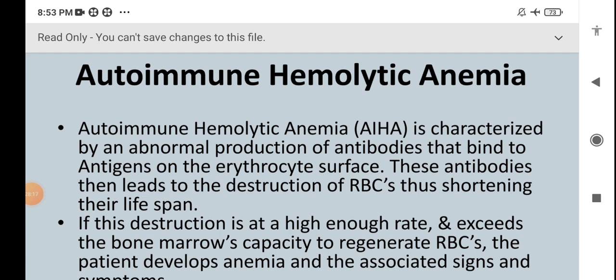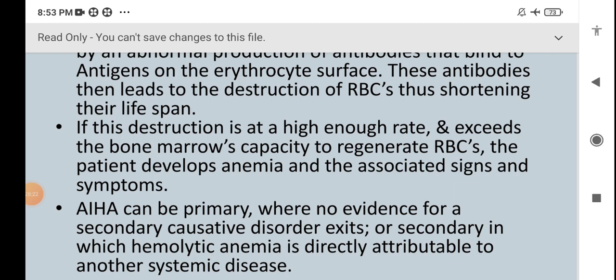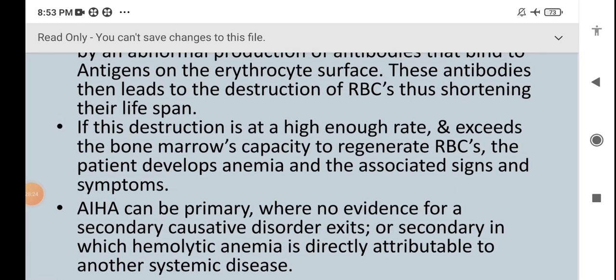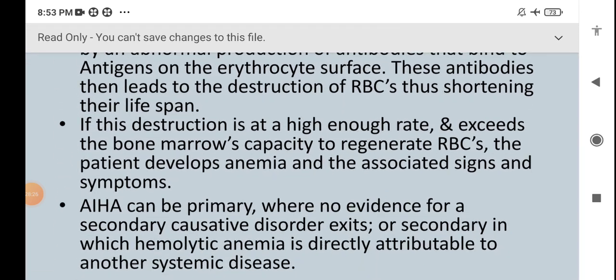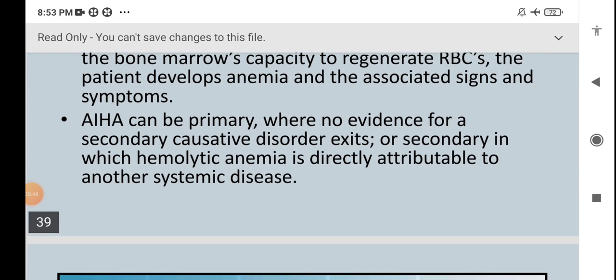The patient develops anemia and the associated signs and symptoms. Autoimmune hemolytic anemia can be primary, where no evidence for a secondary causative disorder exists, or secondary, in which hemolytic anemia is attributed to another systemic disease. So, systematic analysis is required to know the cause of autoimmune hemolytic anemia in such patients.